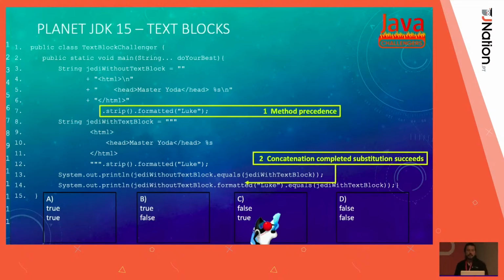So this last string, /HTML, means that it won't substitute this %s. So it will continue to be %s in the JEDI without text block. And with the JEDI with text block, this is totally possible because it's just one string.